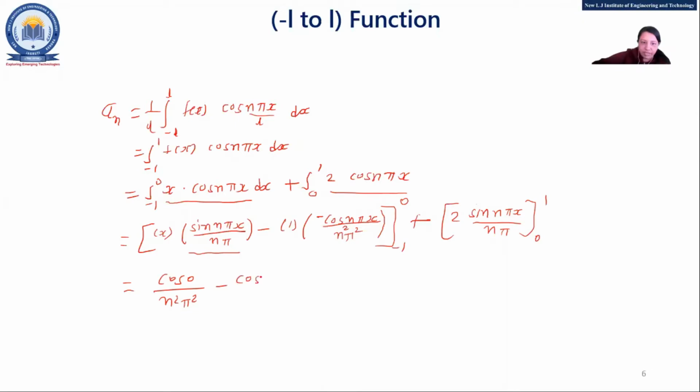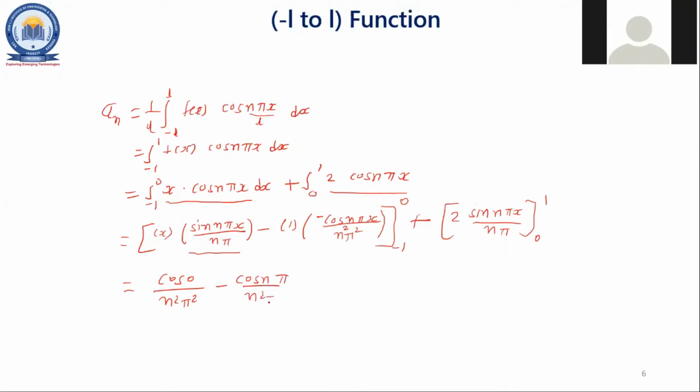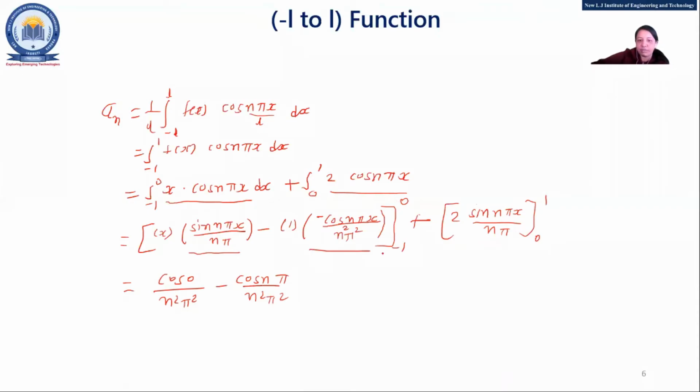The last one is also 0 because it's having sine, and sin n pi and sin 0 are both 0. So upper and lower limit of this term will be 0, so we are not mentioning it. Only this term will be there, so I have written only that.